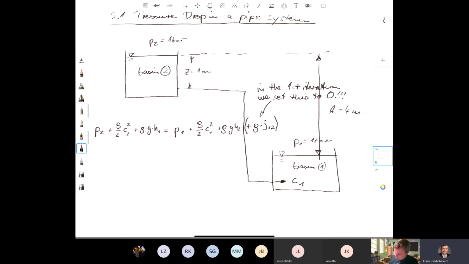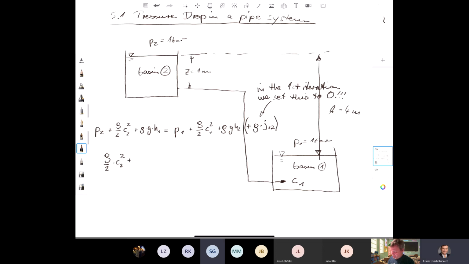Then we get, and O1 is, let's say, 4 meters plus.